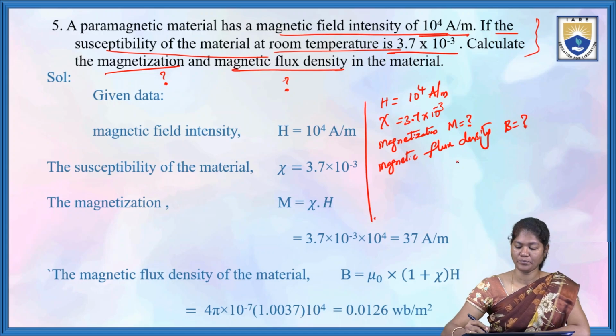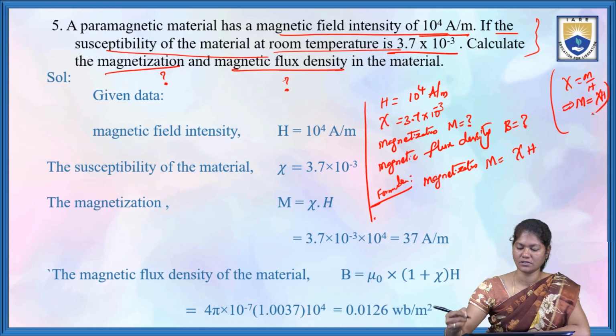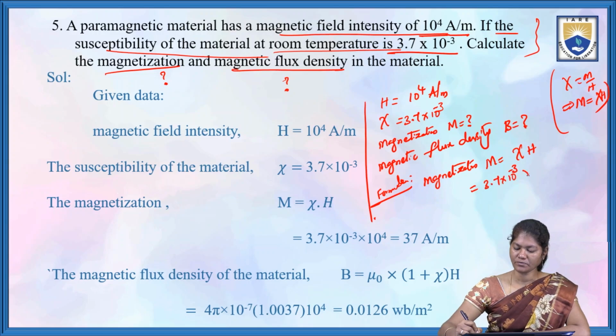So here, the formula for magnetization: M is equal to chi into H, from chi is equal to M by H. So this implies magnetization M is equal to chi into H. So M is equal to chi, 3.7 into 10 power minus 3, into the magnetic field intensity or magnetic field strength, 10 power 4.